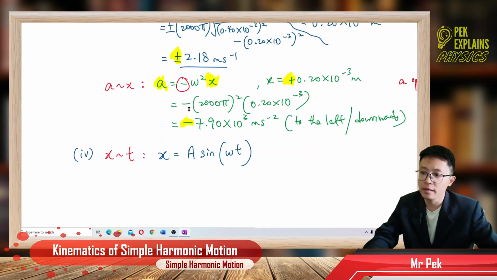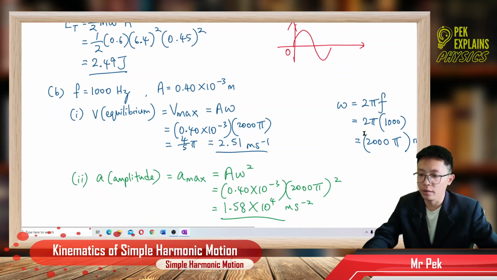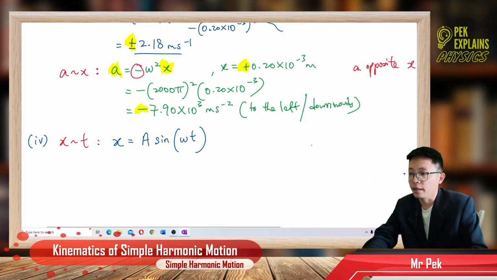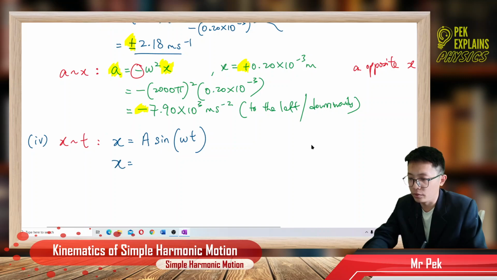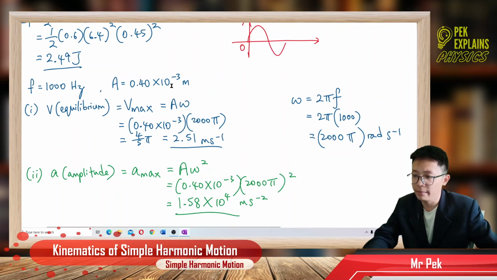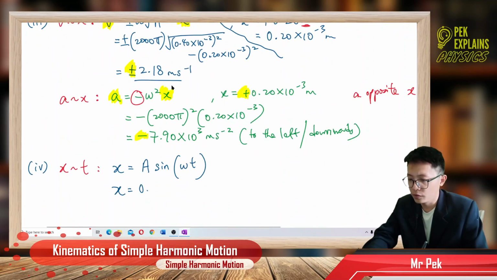So what is our A? What is our amplitude? Amplitude is this one, and omega is 2000 pi. So just write it in. So x is equal to, because we know that this is in millimeter, we can write 0.40 sine 2000 pi t.